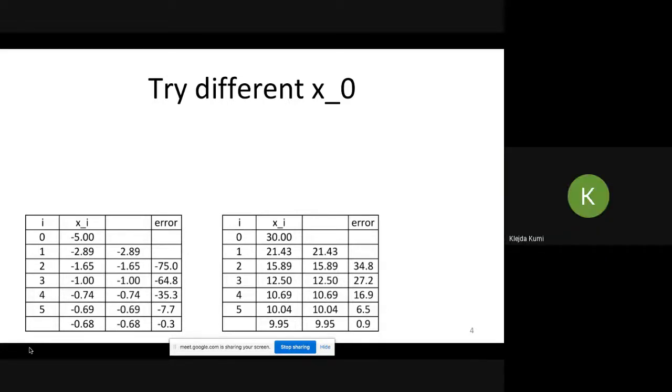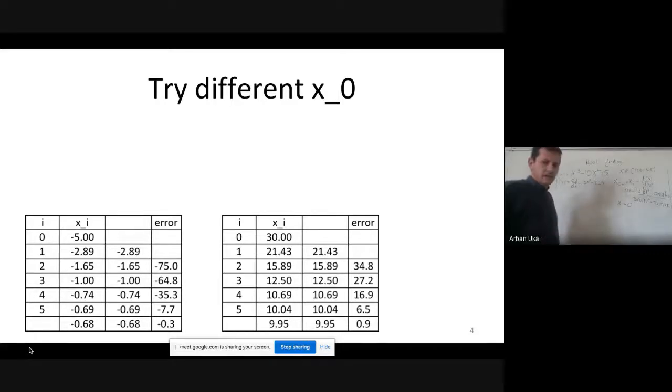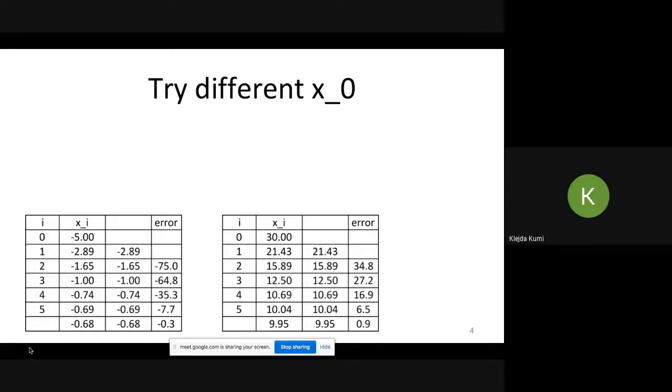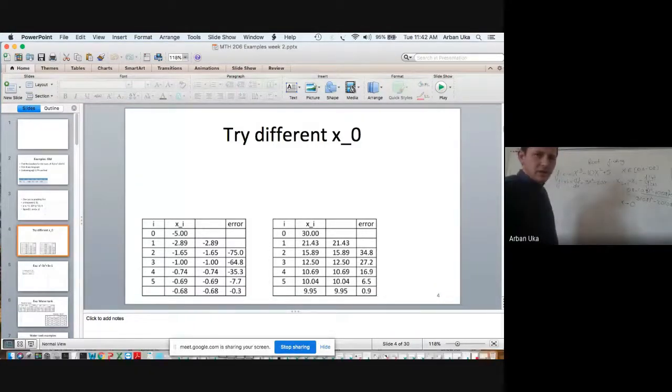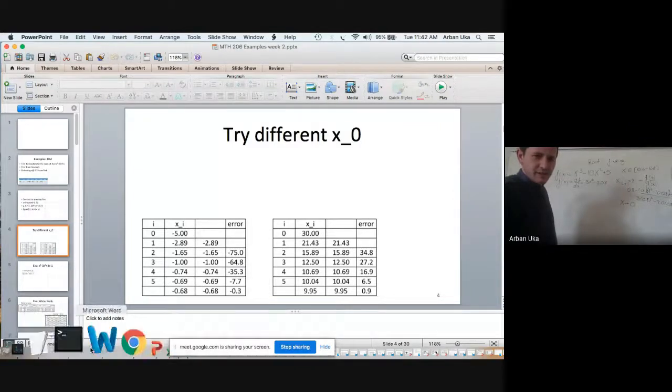So, Professor, sorry to interrupt you. Sure, yes. We cannot see the full table. What you are writing is not very clear. Okay, I thought I was in an acceptable range of writing.